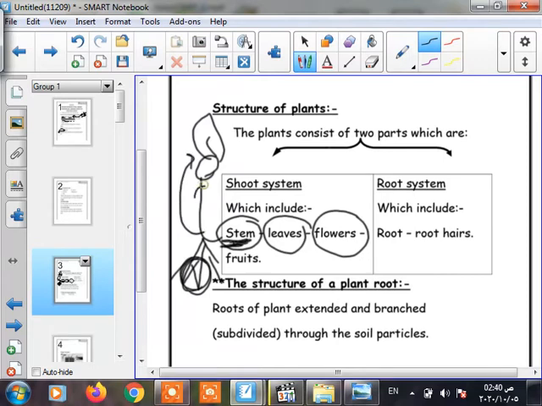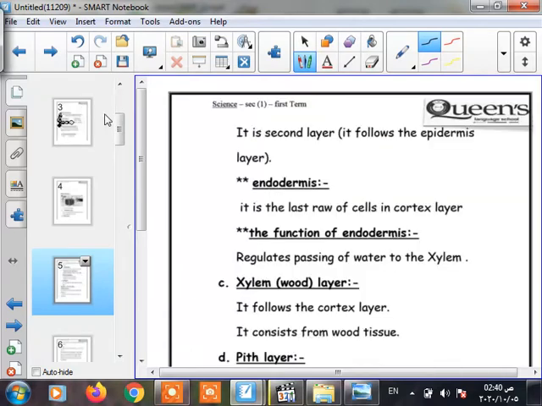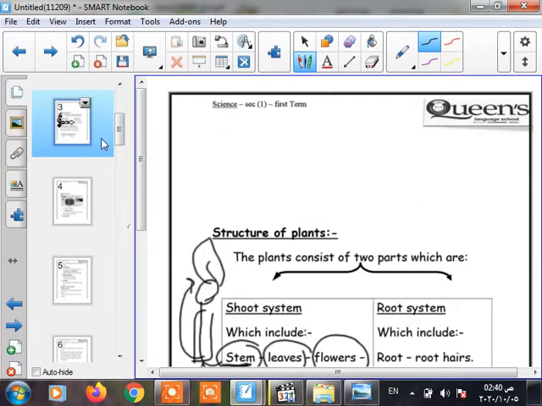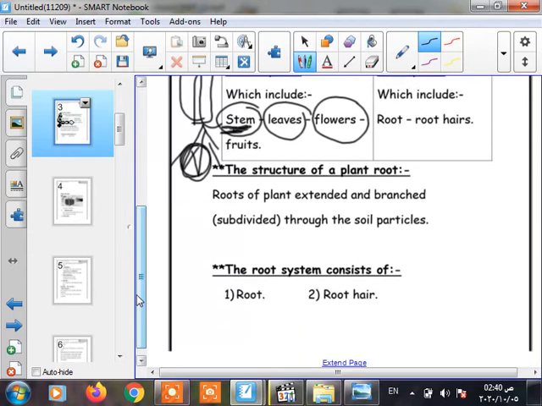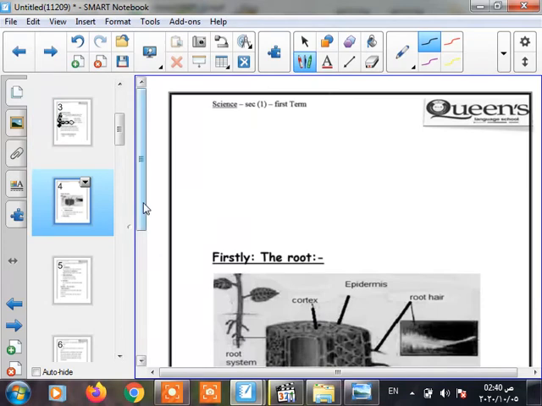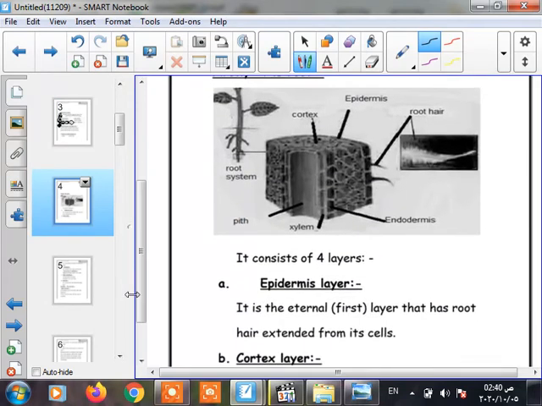The epidermis is a thin, external layer that the root hair extends from its cells. Let's see this picture. Like this, the epidermis is the first layer that we can see, the external layer.